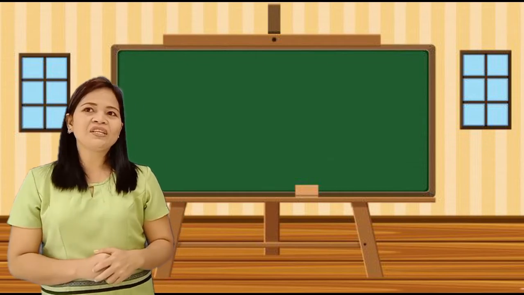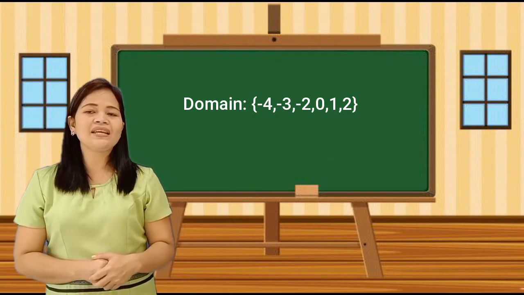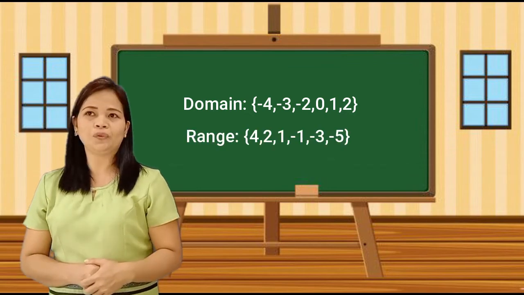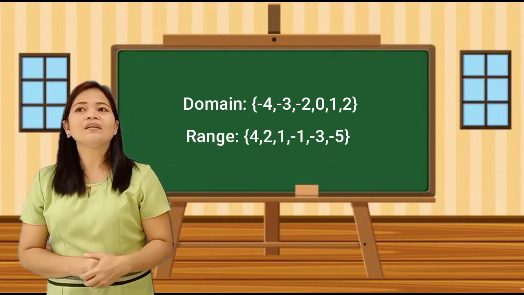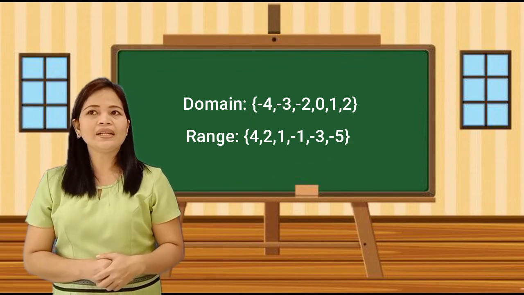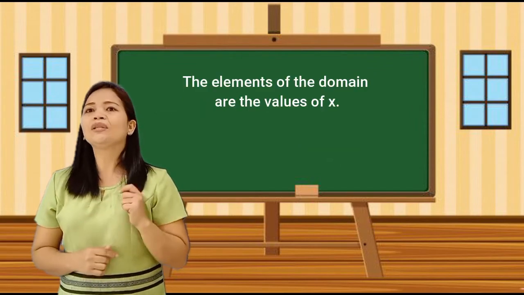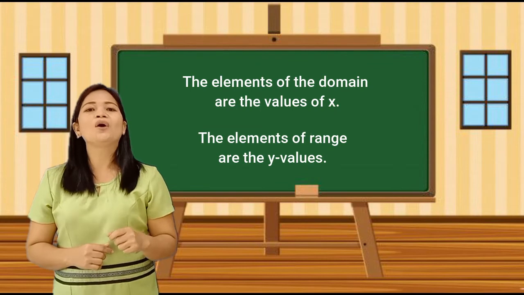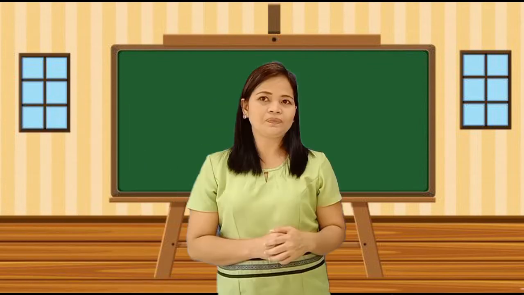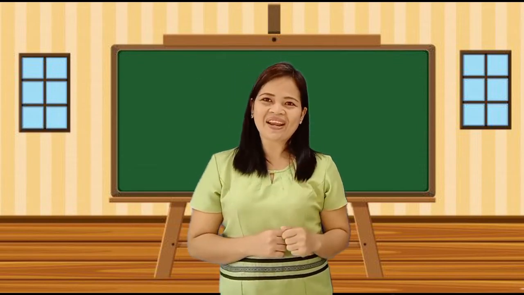The domain of the given function is negative 4, negative 3, negative 2, 0, 1, and 2. And the range is 4, 2, 1, negative 1, negative 3, and negative 5. Simply put, the domain are the values of x, while the range are the y values. If you were able to get the same answer, then you are doing great.